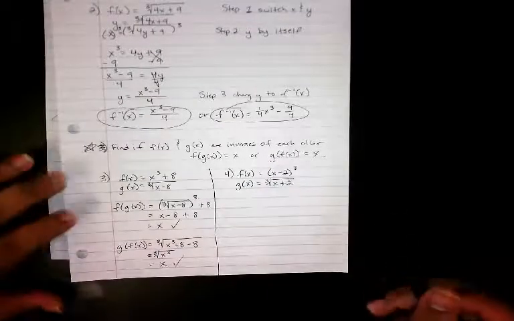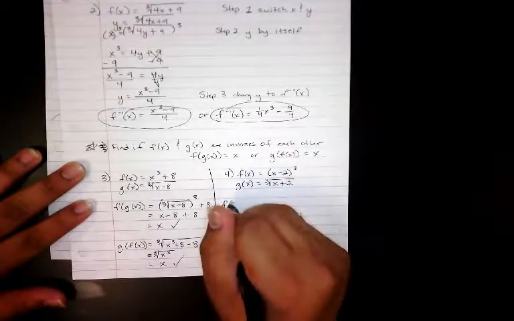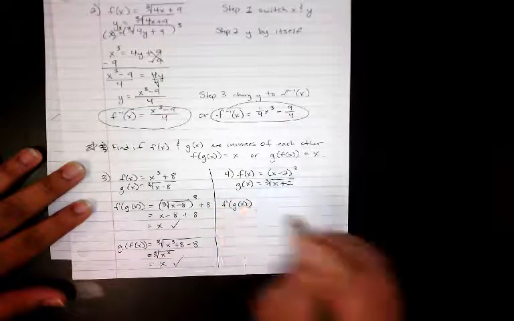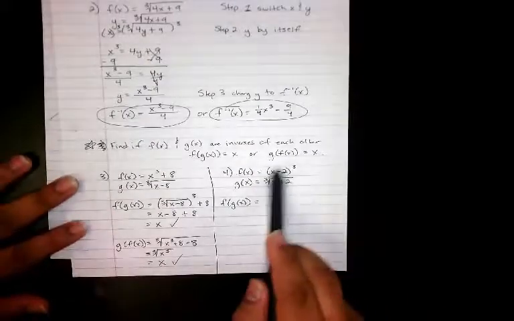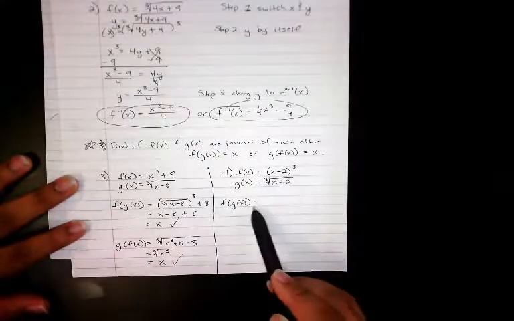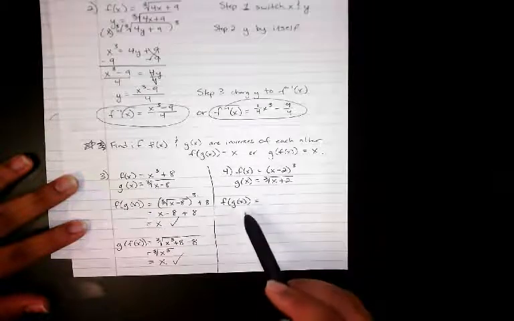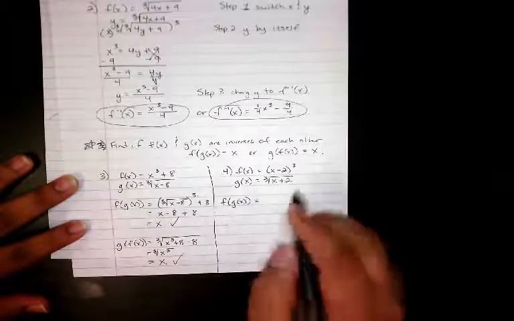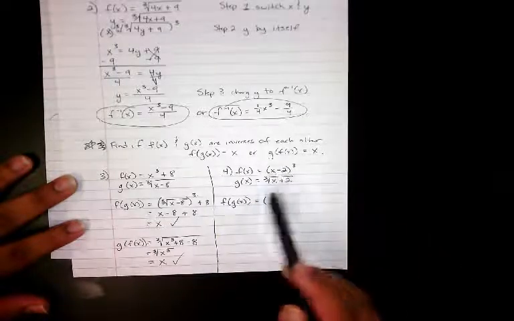Okay, so the first one, right, I'm going to do f of g of x. So I'm going to write out my f of x equation, but instead of putting the x, I'm going to put in the equation g. Okay, so I'm going to have my parentheses. Instead of x, I'm putting in the equation g.